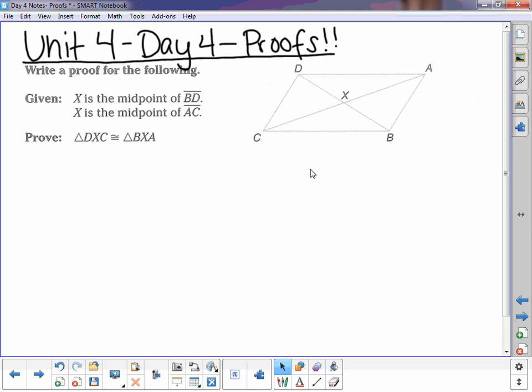Yeah, go ahead and draw the shape so you can mark on it. Doesn't have to be beautiful and perfect, so you have an idea of what we're working with.